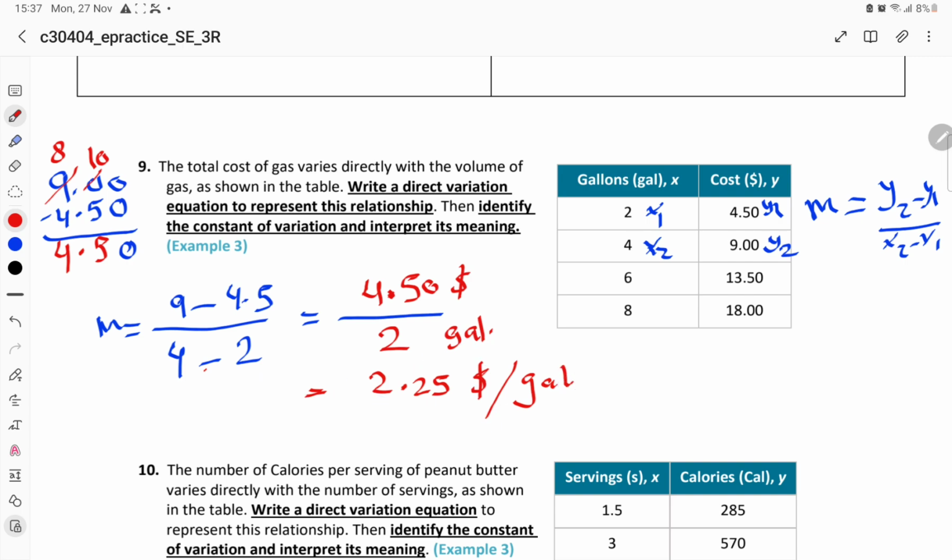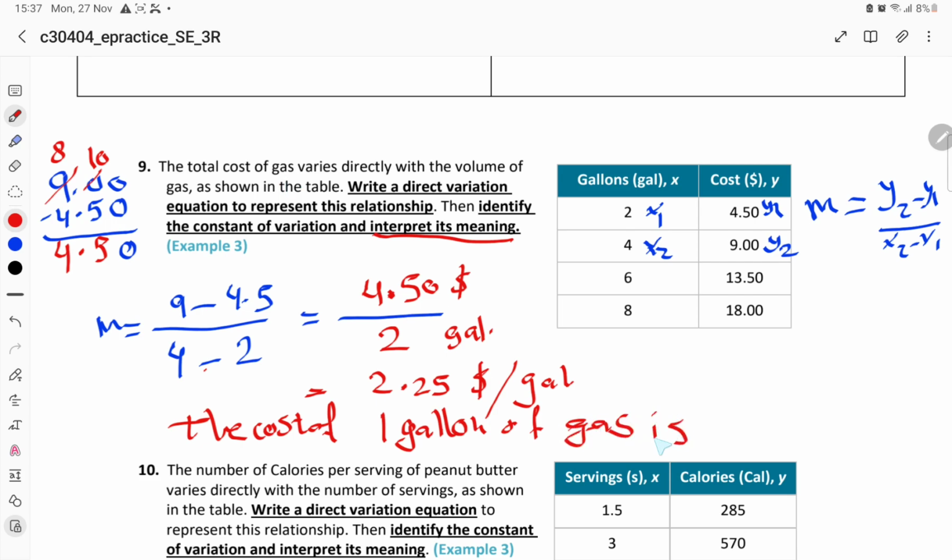This is the constant of variation. Interpret its meaning: the cost of 1 gallon of gas is $2.25.